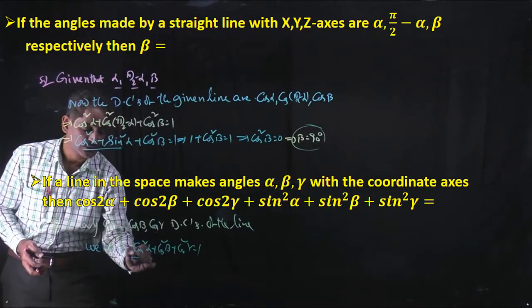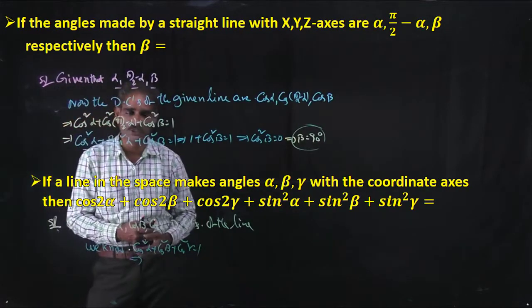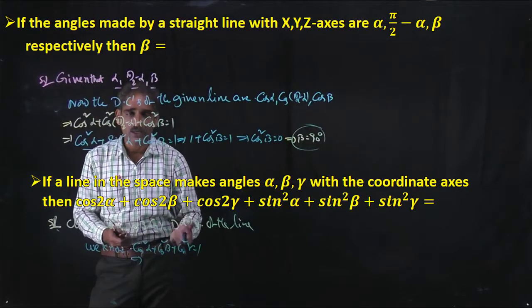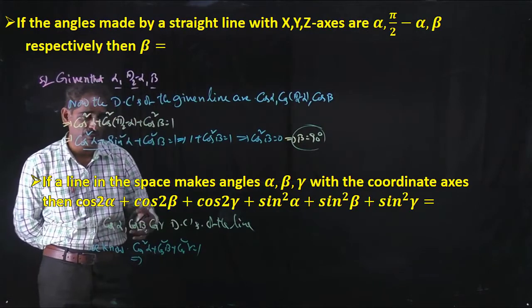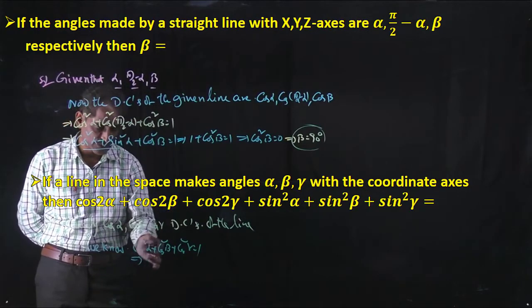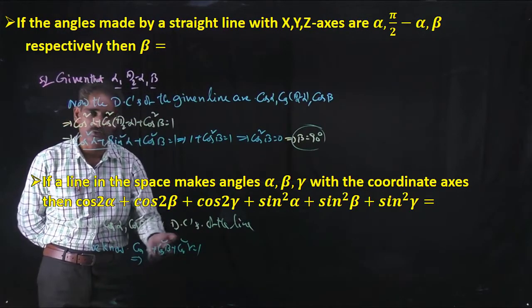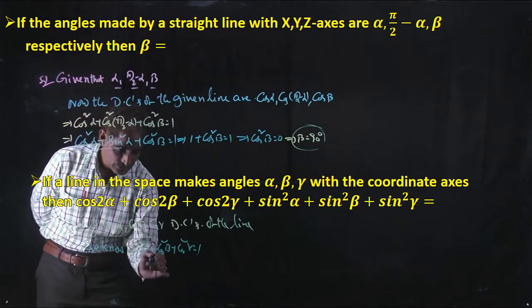From this, we can prove that sin square alpha plus sin square beta plus sin square gamma equals 2, which we already proved in previous sessions. So by changing the cos function into sin also, we can find the value of this expression.